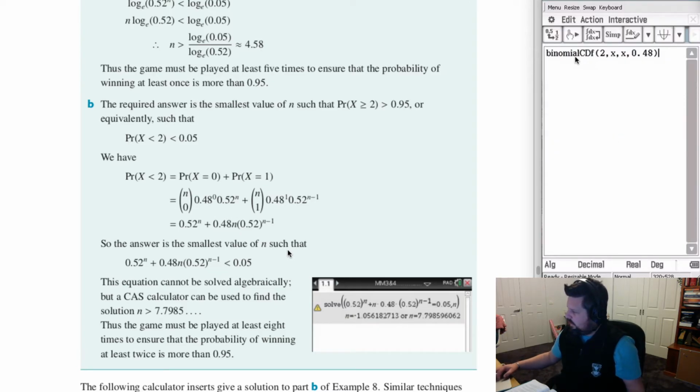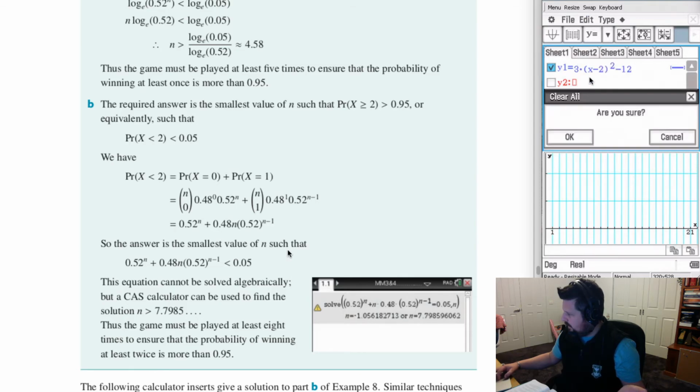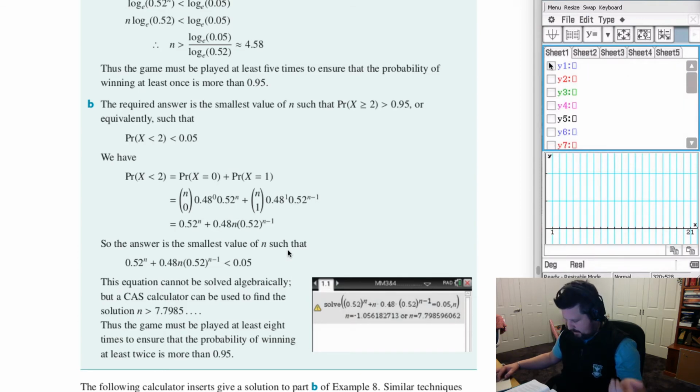Now, the purpose of doing that is just to get this function on the screen. So we're going to copy that and put it into a table. To do this, we're going to go into the graphs and table section. Clear anything that's not required there. In Y1 here, we're going to paste in that binomial distribution function that we got the calculator to create.